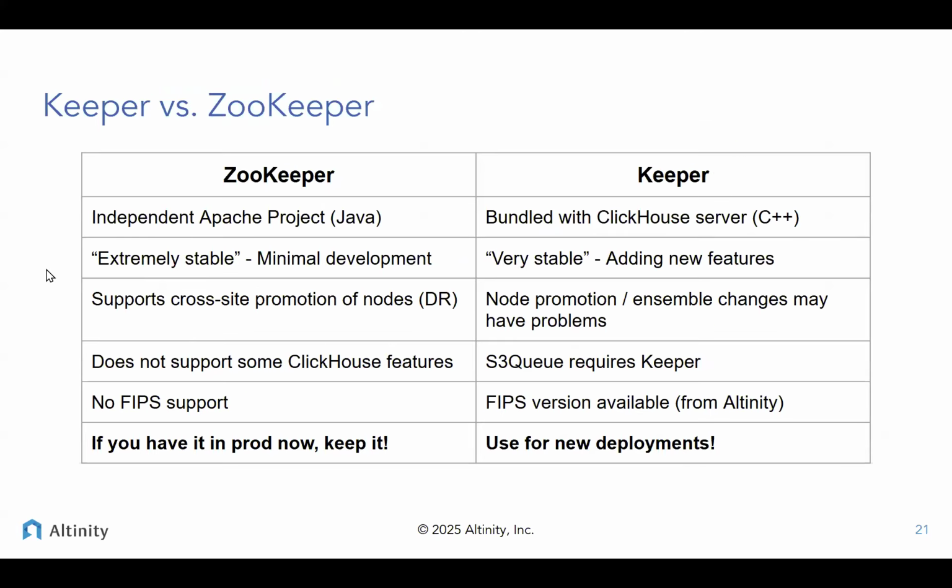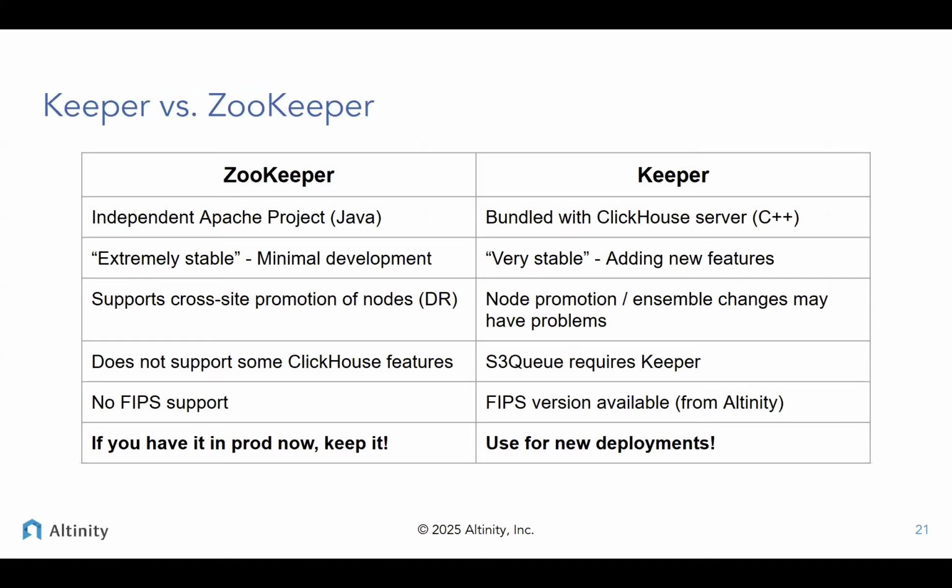Here we go. So the minute is already up. A question that we commonly get is, what's the difference between these two things and which one should I use? When ClickHouse was originally developed, it used Zookeeper because it was available and handled this maintenance of consensus very well.